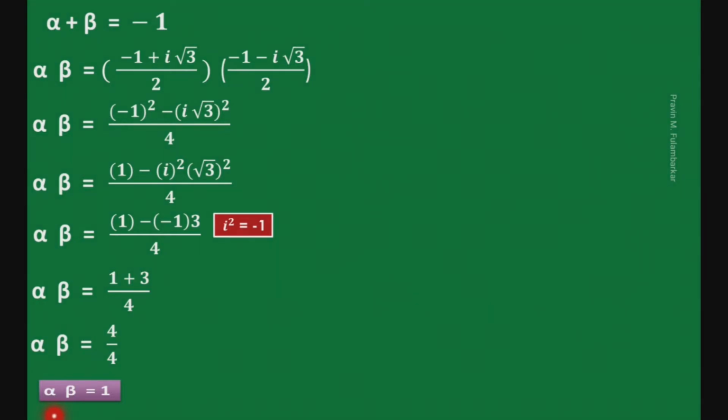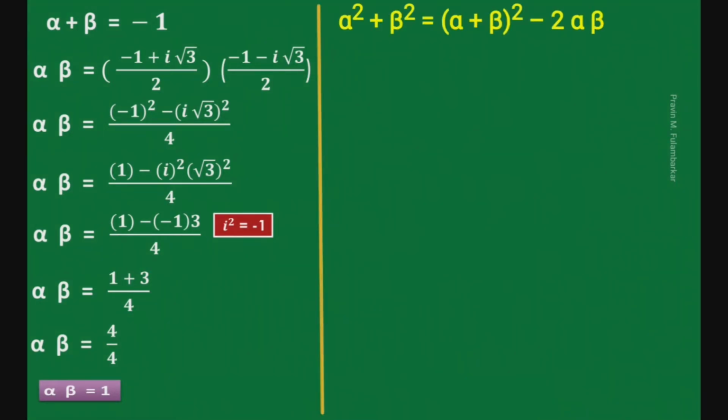So here we have found alpha plus beta and alpha into beta. Now we have to find alpha square plus beta square, which equals alpha plus beta square minus twice alpha beta. How do we write this? If we transfer this minus twice alpha beta to the left hand side, this is the formula for (a plus b) square, that is a square plus b square plus twice ab. Here we use alpha beta instead of ab.